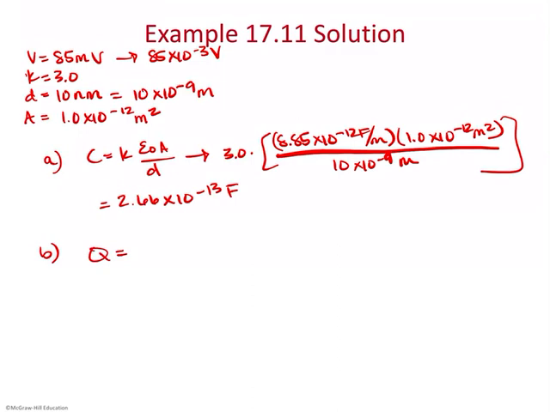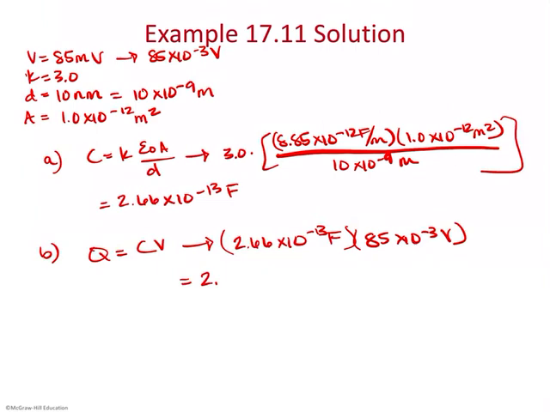We are, so we can find the charge. If we take our capacitance that we found and our voltage that we're given here and solve, we should get 2.26 times 10 to the negative 14th coulombs.